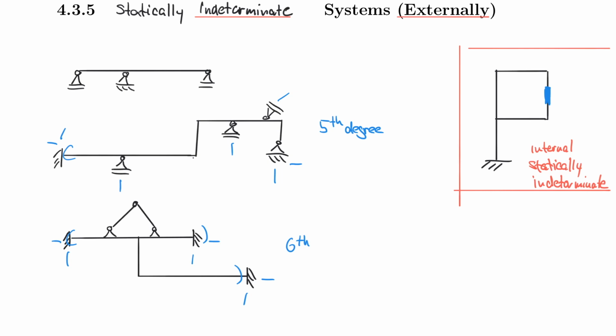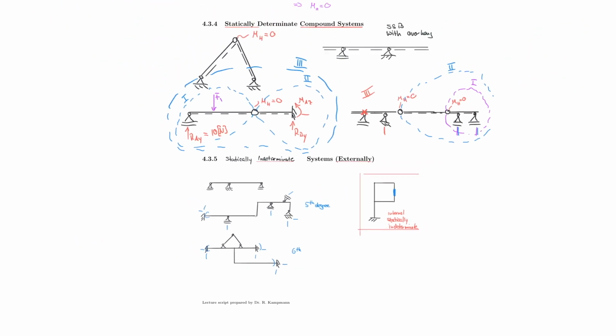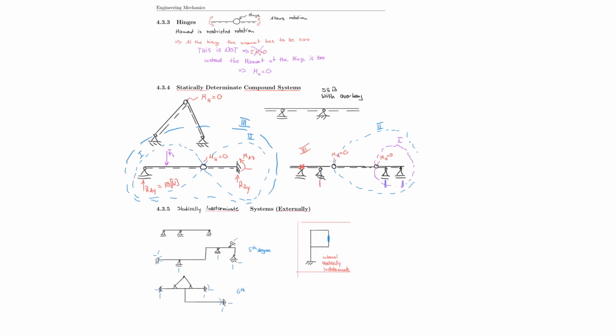But with that said, we now have covered everything we need to know about connected systems or compound systems, and we understand statically indeterminacy and statically determinate compound systems, so that now we can actually go ahead and apply the knowledge that we developed here for these systems to example problems, and we can now go ahead and calculate compound systems that are either not hinged or hinged together. And we will do that in our next upcoming problems.